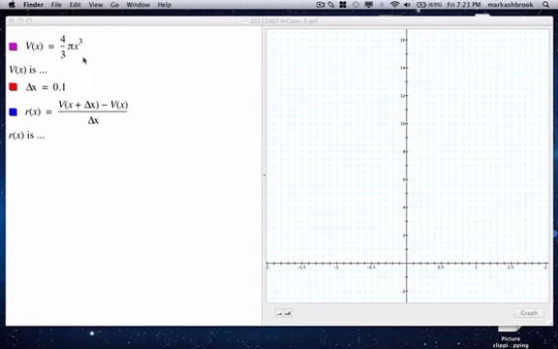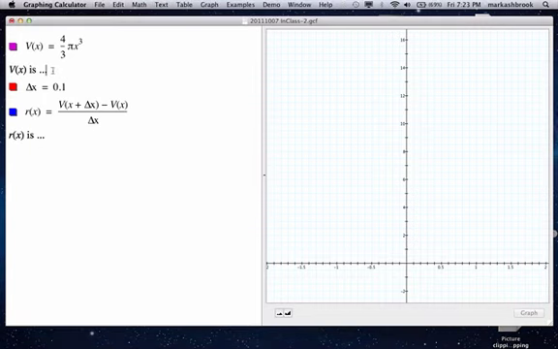Now every time you see a quantity function, we want to think of it as an accumulation function. So how can we think of this V of x as an accumulation function?